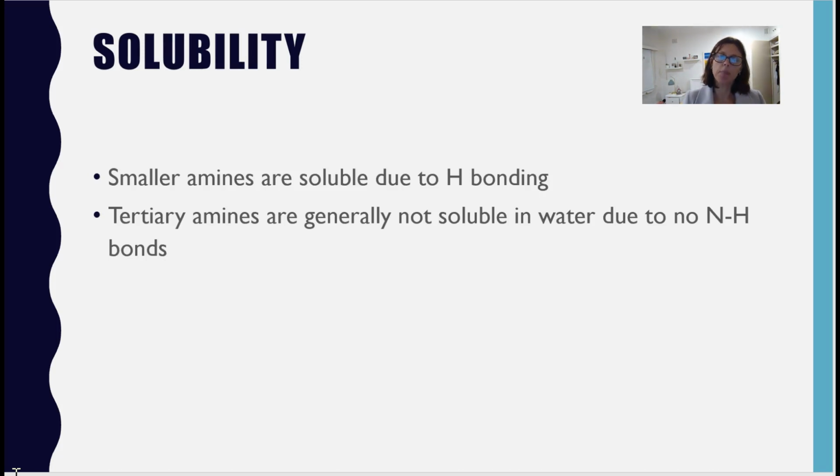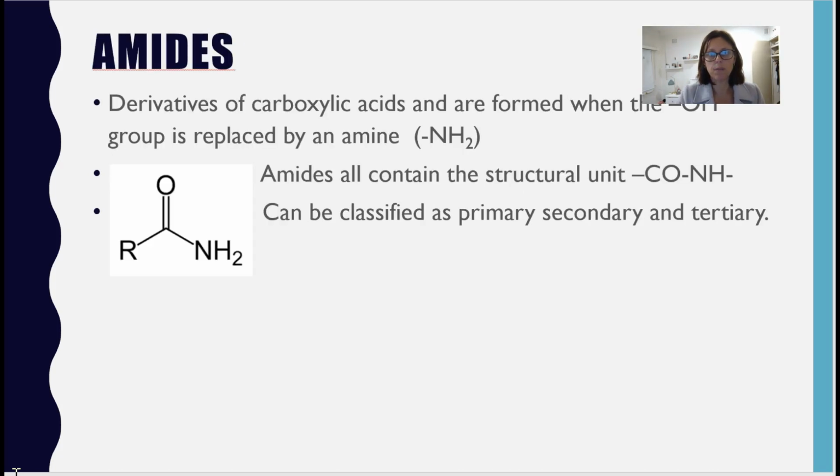Because as that hydrocarbon chain increases, you're getting greater dispersion forces, and then the hydrocarbon end takes over and outweighs the hydrogen bonding end. Our tertiary amines again are not generally soluble in water due to there being no hydrogen and nitrogen bonds there, so therefore there is none of that hydrogen bonding present.